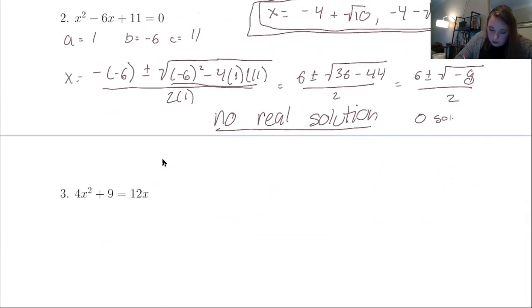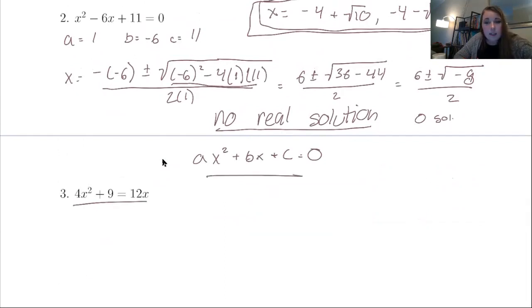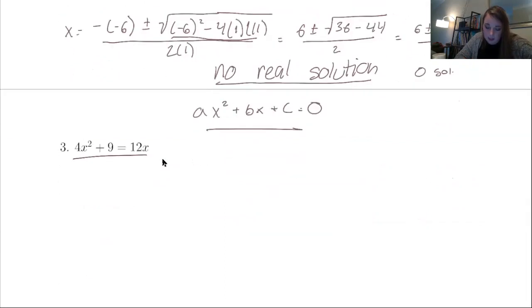I know quadratics work with the quadratic formula and look like ax squared plus bx plus c equal 0. Well, this guy doesn't look like that, right? You can't apply the same equation without making it look like this, right?